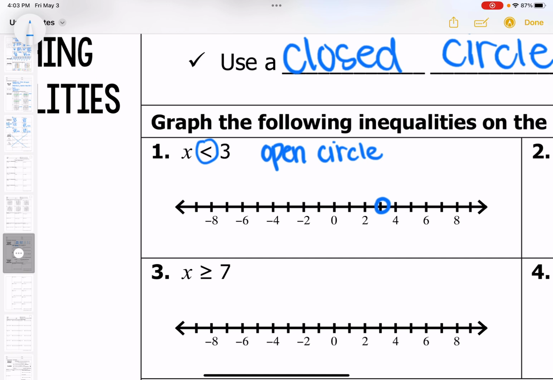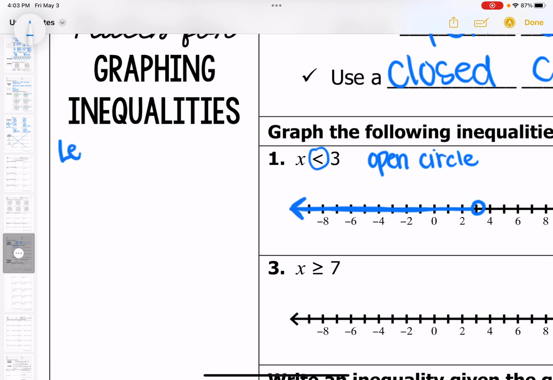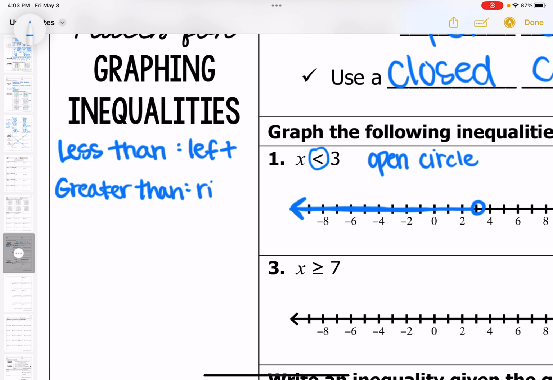And then that says less than, so I'm going to shade the side of that circle where my x's are getting smaller, which would be the left. Just think: less than, left; greater than, right. If you want to add that onto the side, you can.